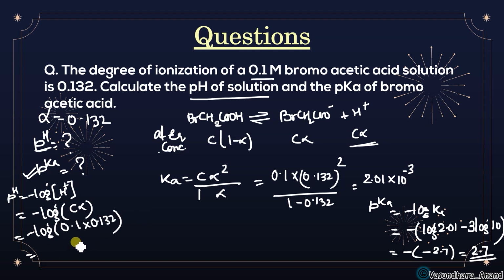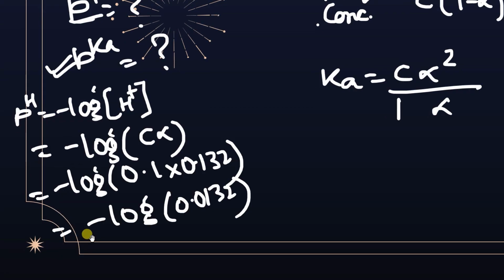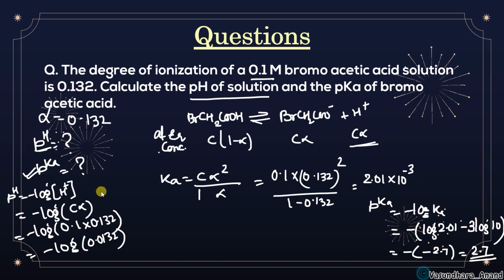So solve it and it is coming minus log 0.0132, and when you check the log value, it will give you minus 1.88. Okay, so it is 1.88. The pH is like this.